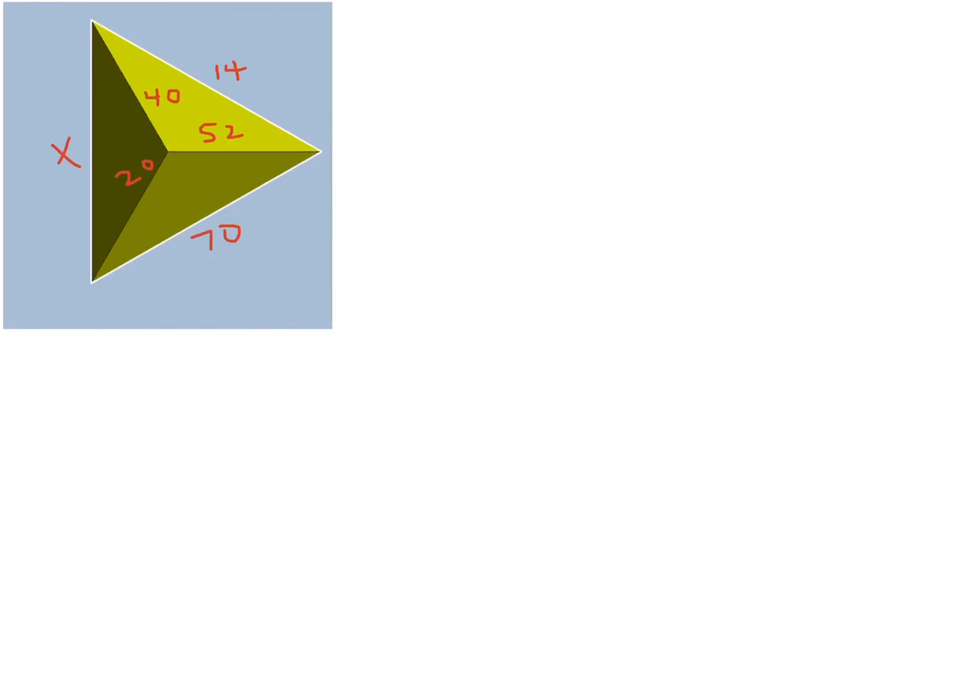All right, so first let's concentrate on this triangle right here and see what we get. So from that triangle, we know that x plus 20 has got to be greater than 40. Same rule. And therefore, another condition of that triangle is that 20 plus 40 has to be greater than x.